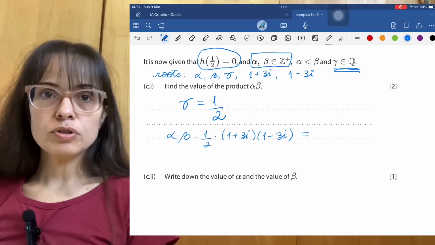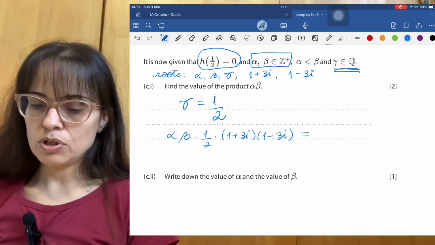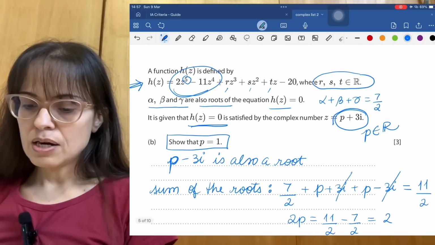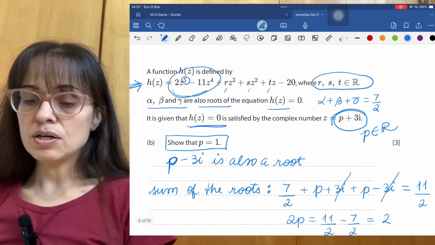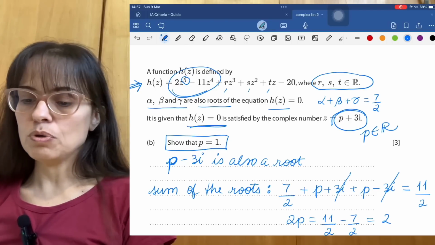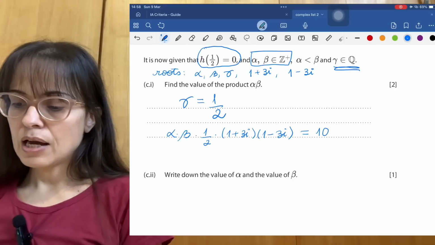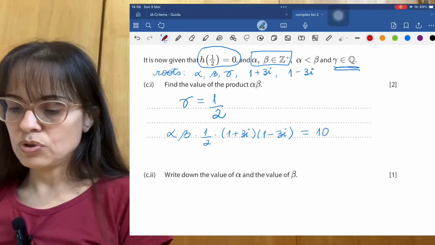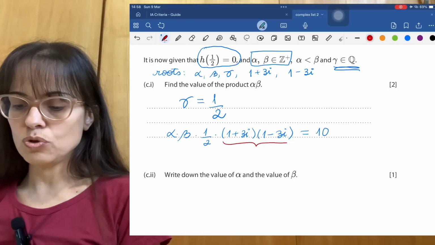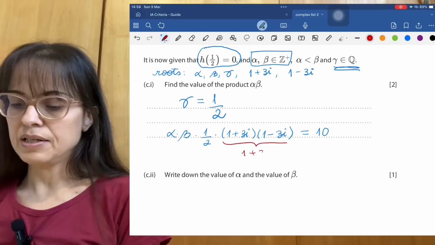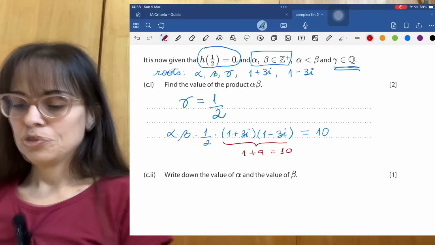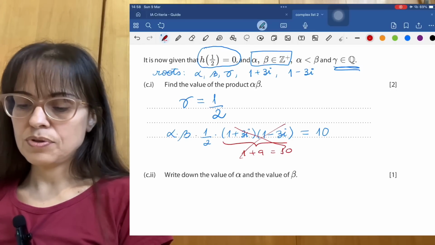And I know that the product of all the roots is supposed to be, well, let's go back to the coefficients. There is a minus 20 here in an odd degree polynomial, so that's 20 over 2, which is 10. I also know how to do this multiplication here, which is going to be 1 plus 9, which is equal to 10 as well. So this cancels out with this.